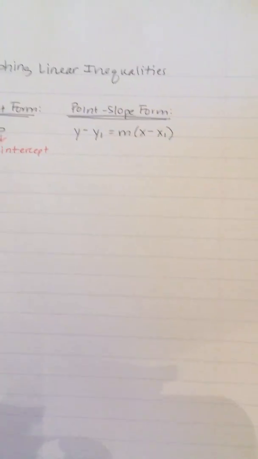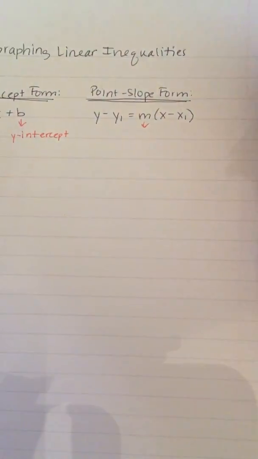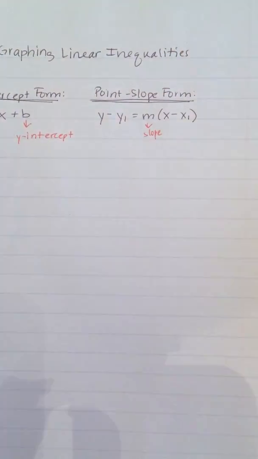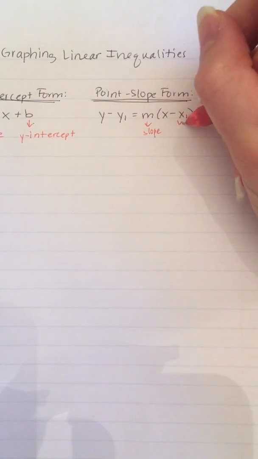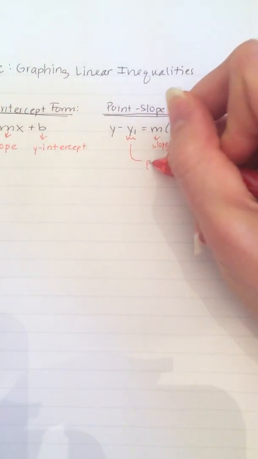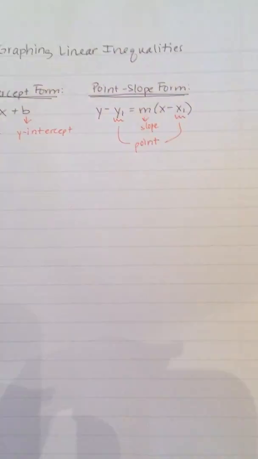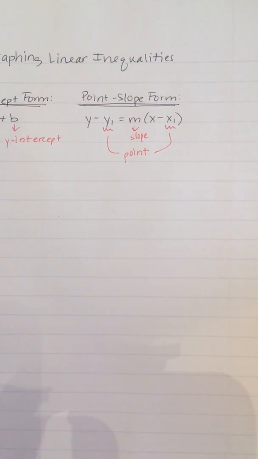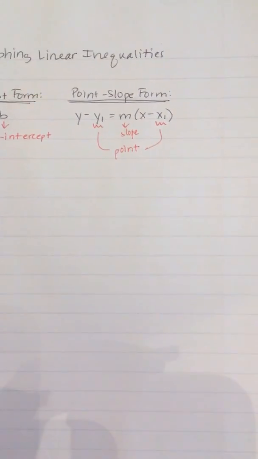This one isn't too bad of a form to use if you know how to use it. Again, m, the number in front of the group of x's, is the slope of the line. And then this x1 number and this y1 number are the numbers of a point that is on the line.